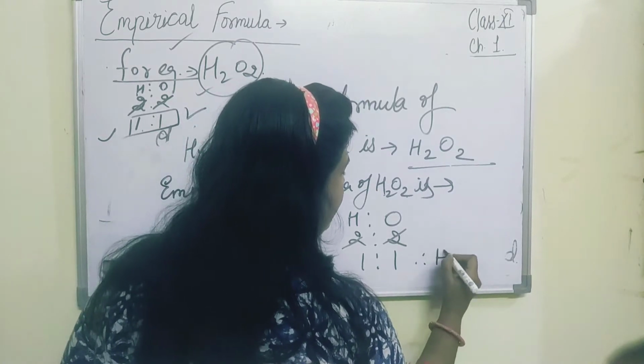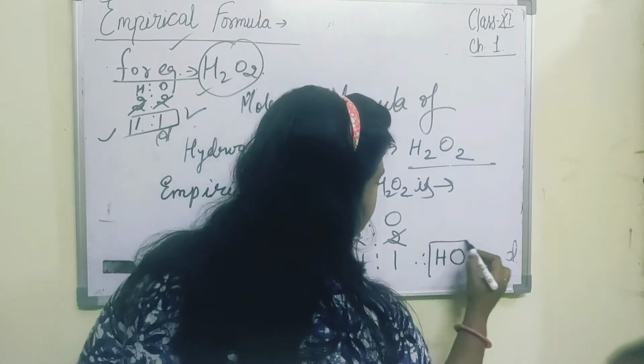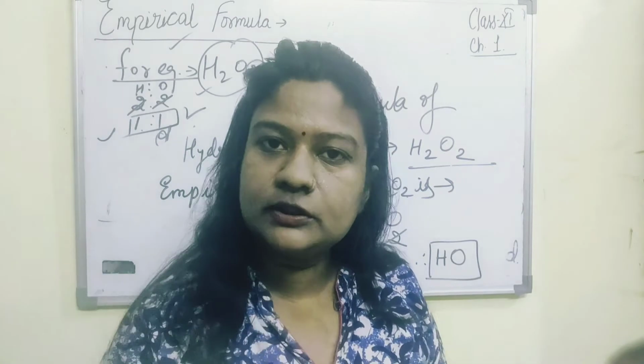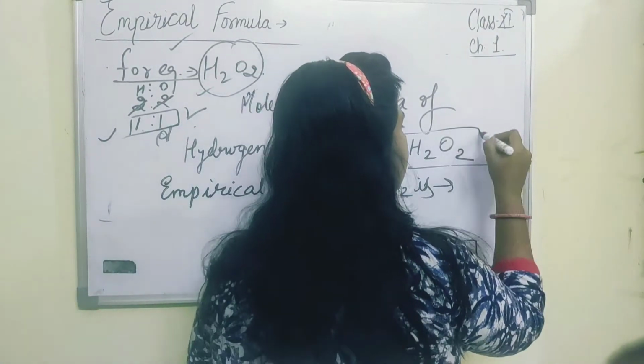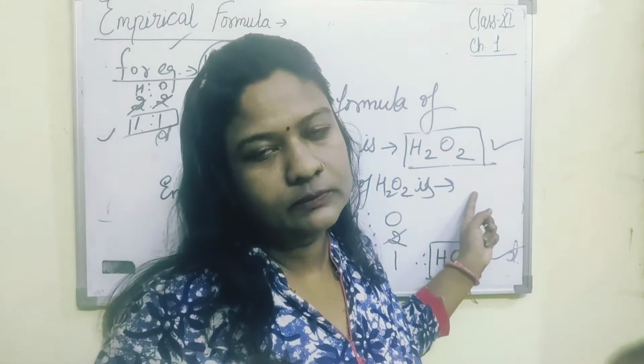Therefore, 1 hydrogen atom and 1 oxygen atom. So HO is the empirical formula of hydrogen peroxide and H2O2 is the molecular formula of hydrogen peroxide.